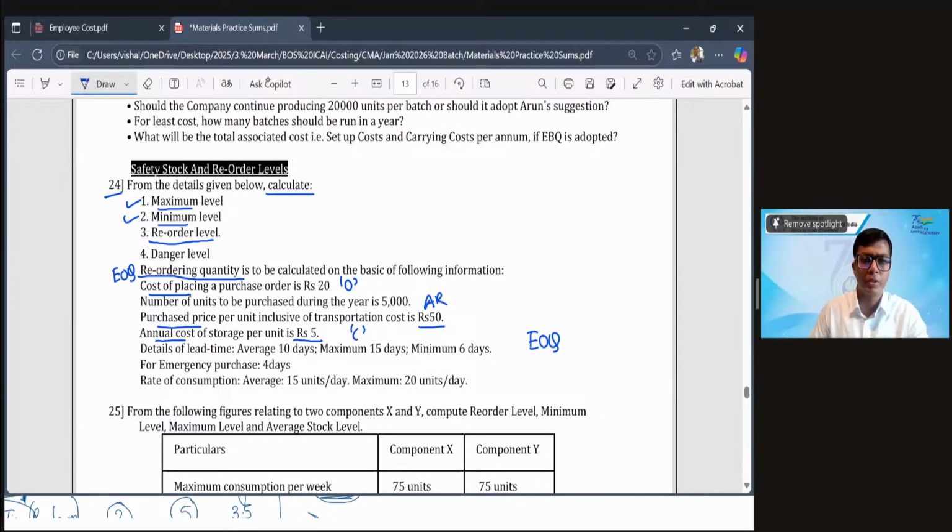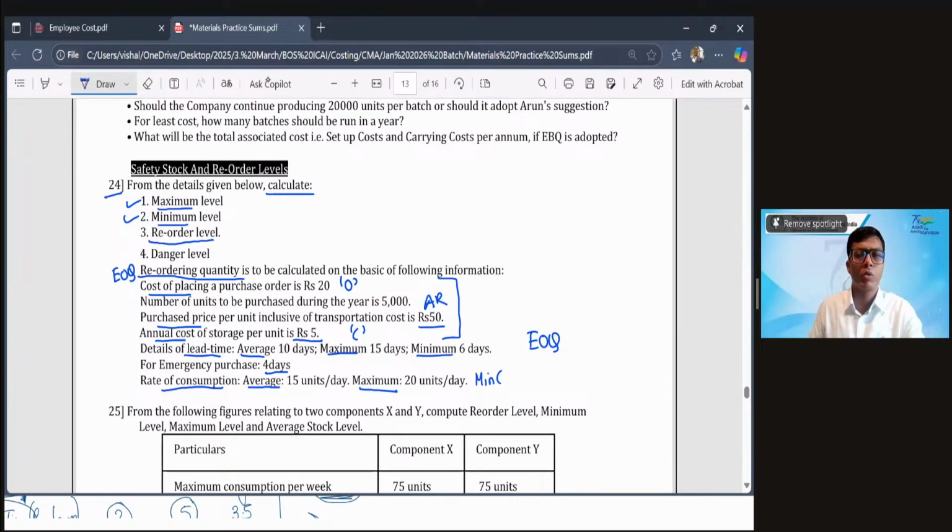On the basis of this, you can find out your EOQ. Then they have given you details of lead time: average given, maximum given, minimum given. And also, if you want to make purchases on an emergency basis, the lead time is given. Interestingly, for consumption, they have given only average and maximum, but we will require minimum consumption also.